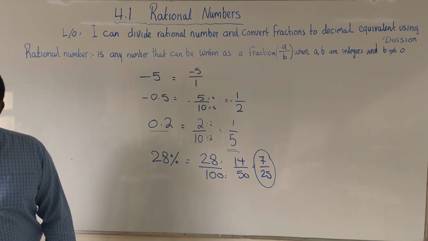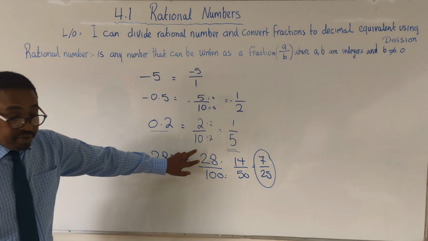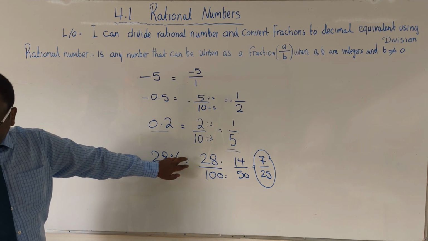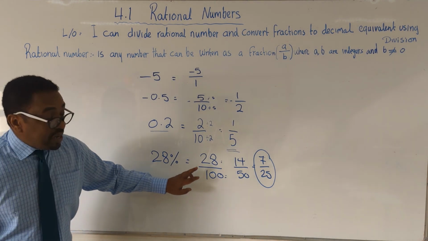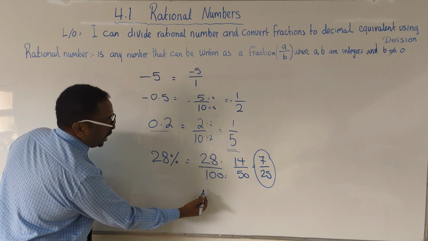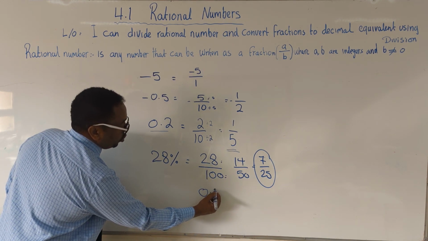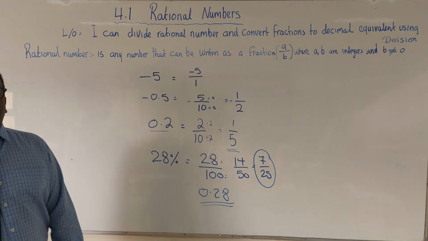I simplified the fraction. But what about as a decimal? If I have a percent, I can easily change it into a decimal. So 28 over 100 will just become, move the decimal twice, 0.28. So this is as a decimal. Right?